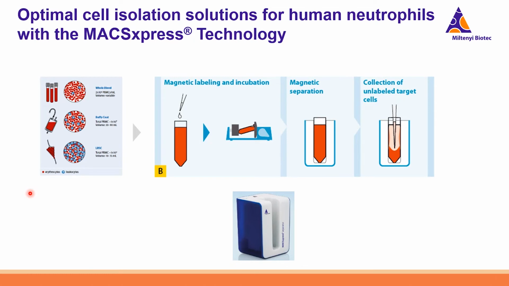In this method, the erythrocytes are aggregated and sedimented, and non-target cells are retained at the tube wall by immunomagnetic depletion with the MACSxpress beads and the help of the MACSxpress separator. Then the untouched, highly pure target cells can easily be collected, as you observe here in the illustration.